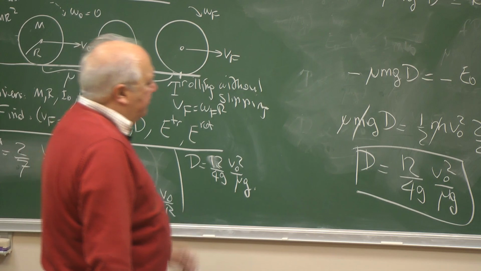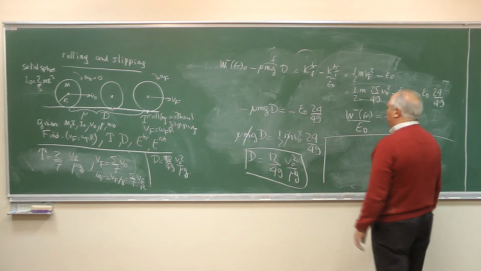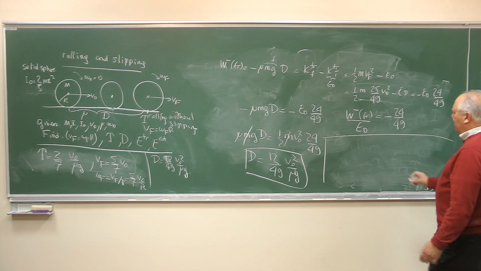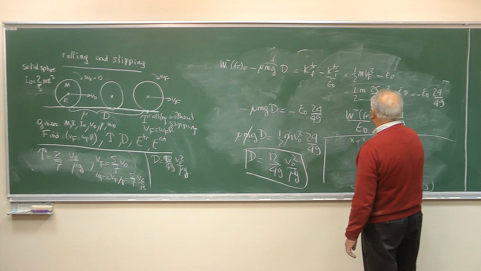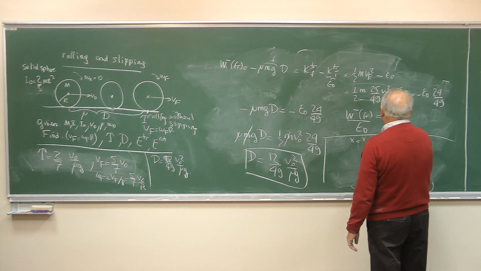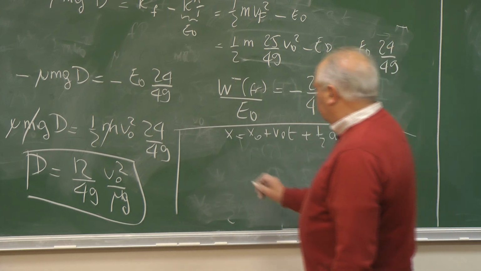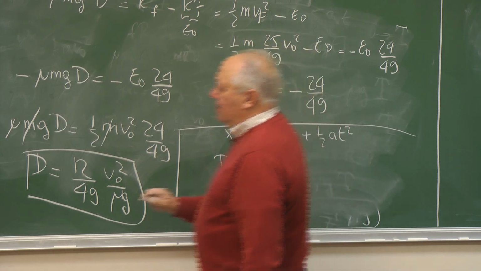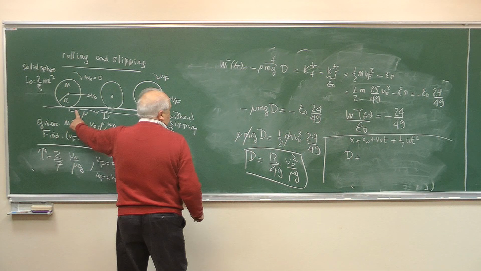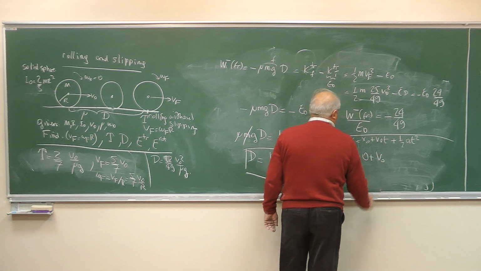There is another way of finding d by using this formula. X equals x0 plus V0t plus 1/2 at square. And here d is equal to, it starts from 0, x0 is 0, V0 is given.